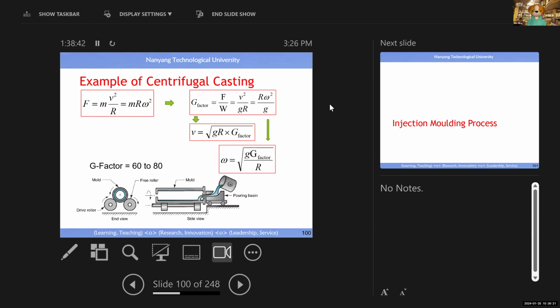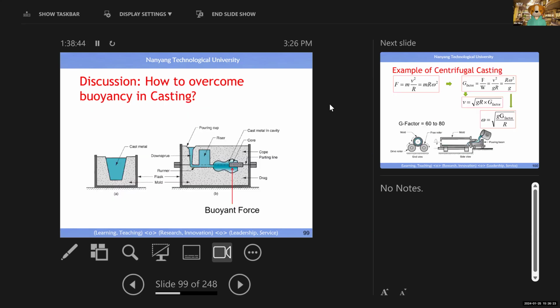Okay, this is just for you to know, when you do this kind of process on Earth, we have gravity, yes or no? Once you put the liquid inside, due to the gravity, the density at the bottom of this finished part should be higher, yes or no? Due to gravitational force. How to overcome this one?